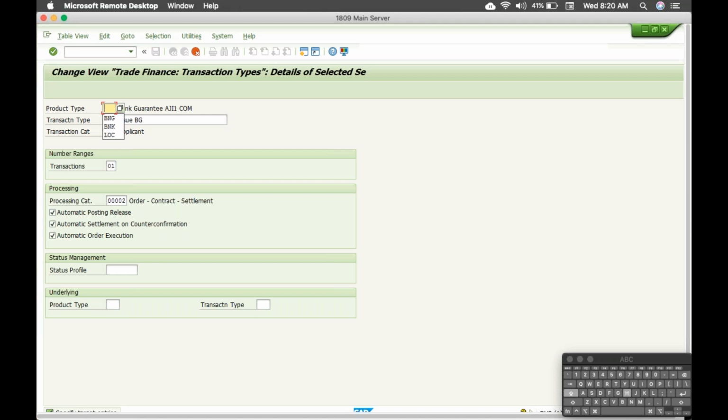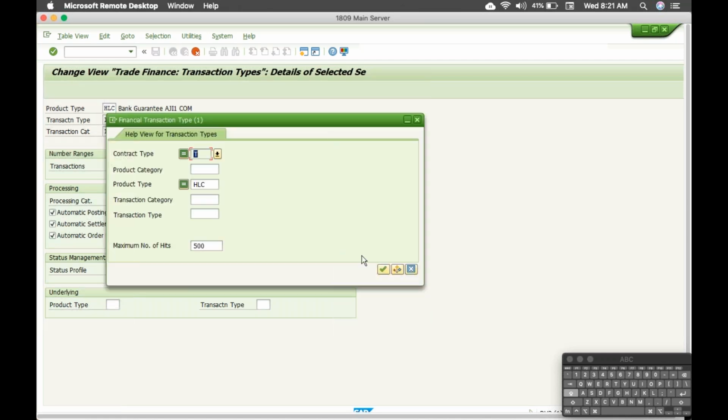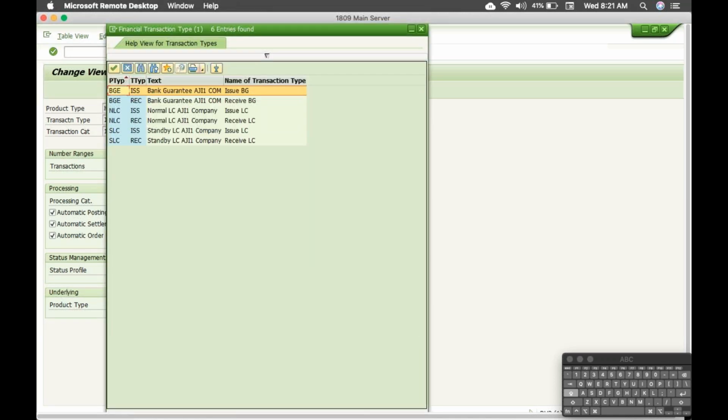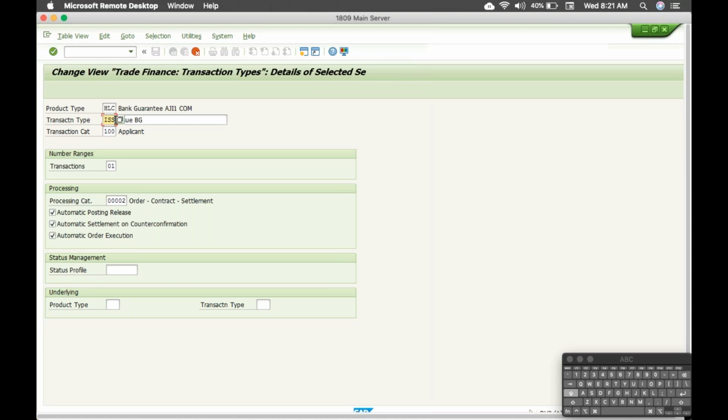HLC transaction type. Transaction type is not there. Okay, no problem, I will create this. 100, letter of credit issue.